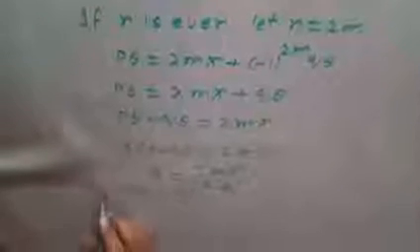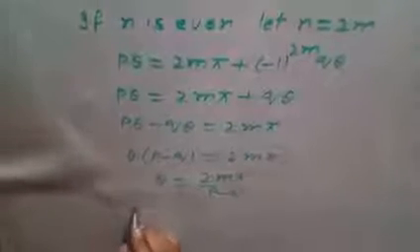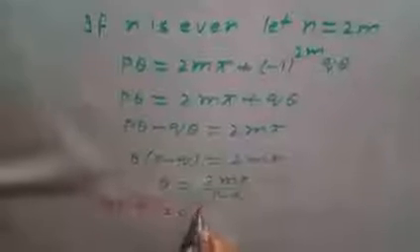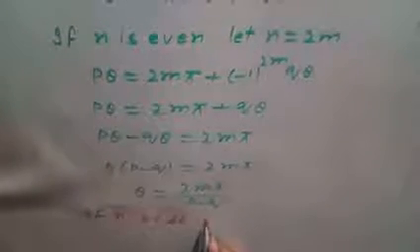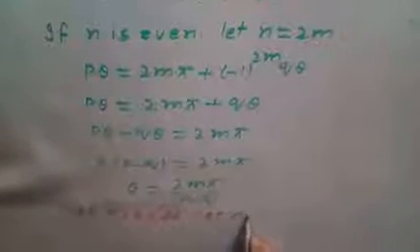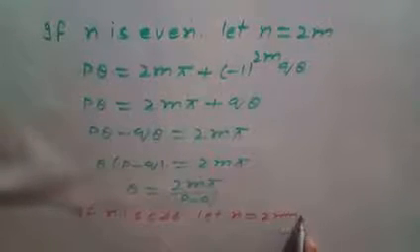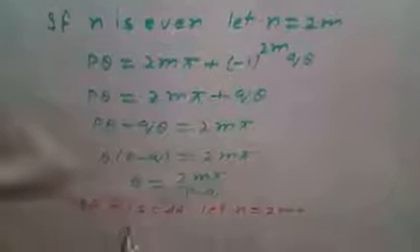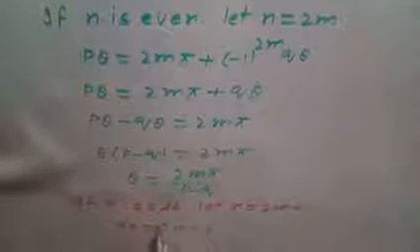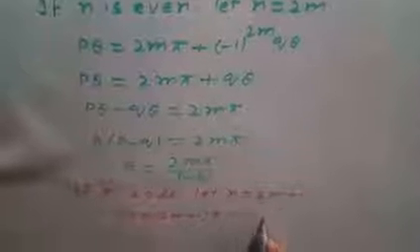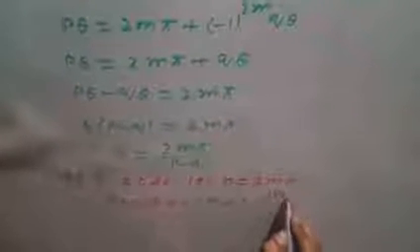Now the second condition, if n is odd, let n = 2m + 1. So pθ = (2m + 1)π + (-1)^(2m+1) qθ.